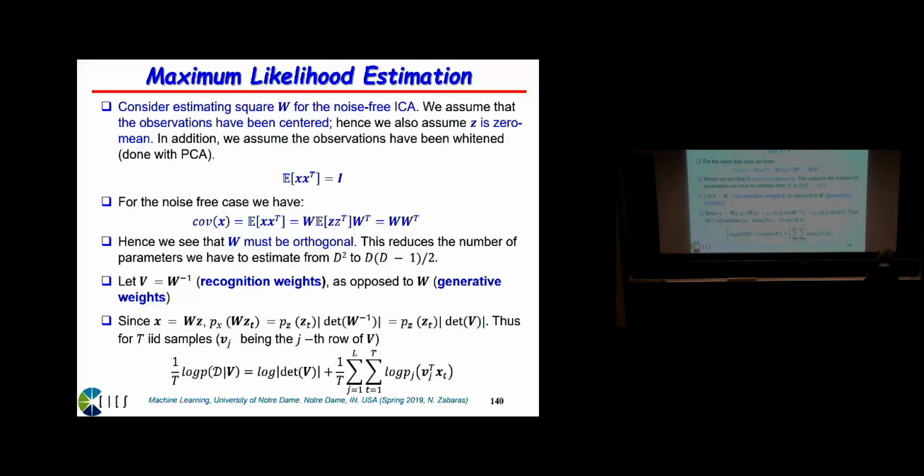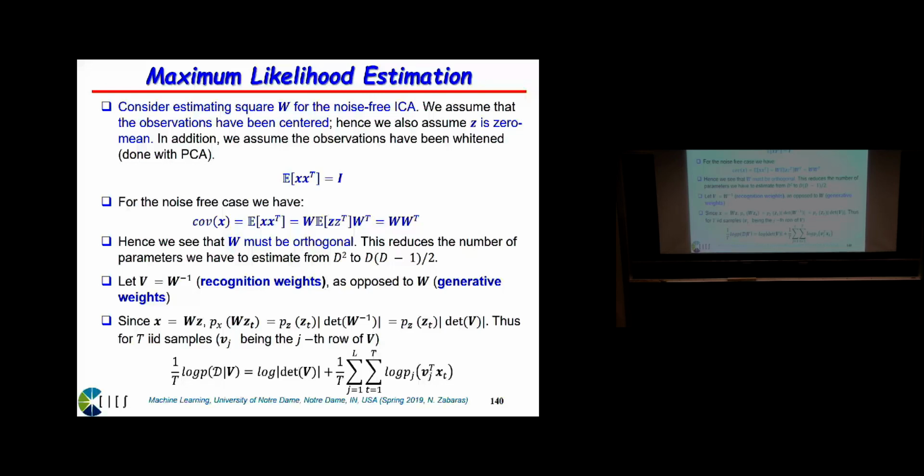I want you to look at this now. Here I have written this distribution as a summation over all the components of Z. What assumption have I made that allowed me to do this substitution?